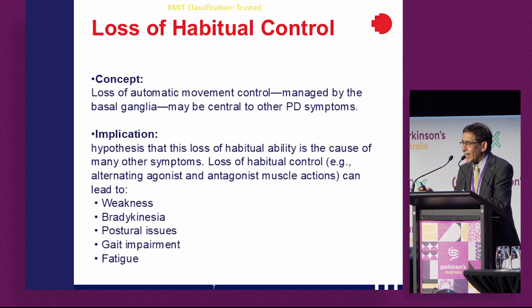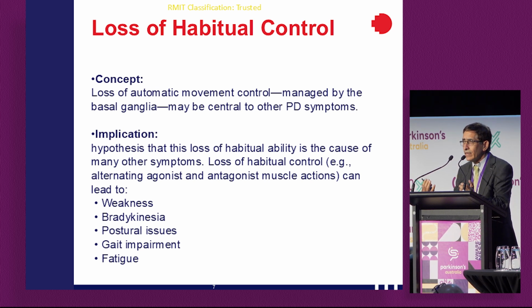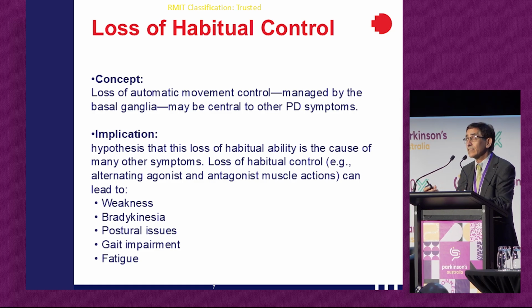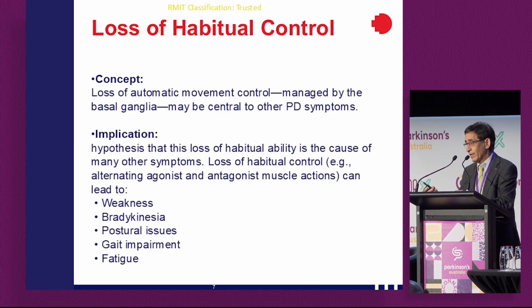So loss of habitual activity as a concept is that when we are not able to optimize our motor activity, that is when we are over-consuming the energy, and there are things which otherwise should not start happening, like tremor.